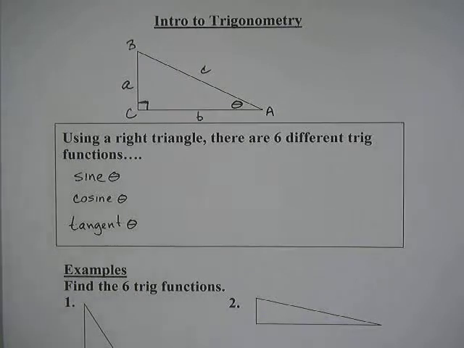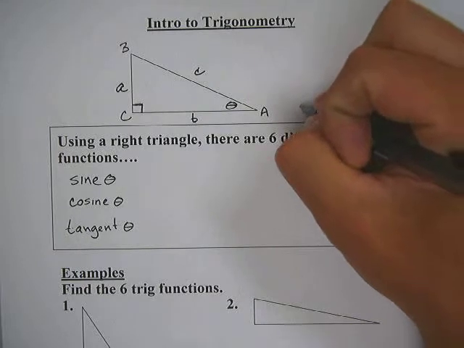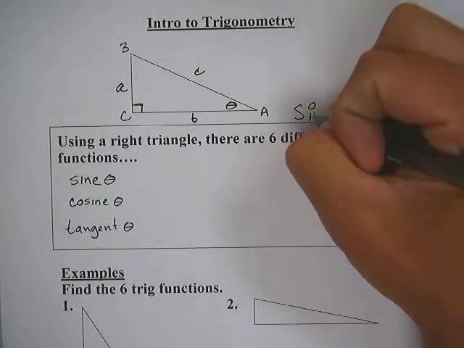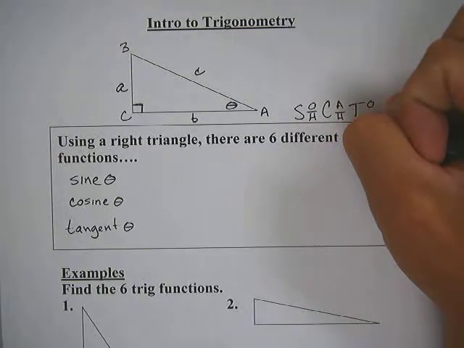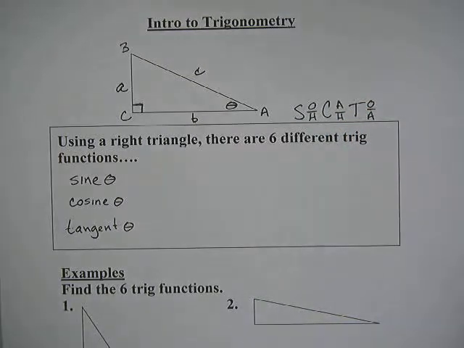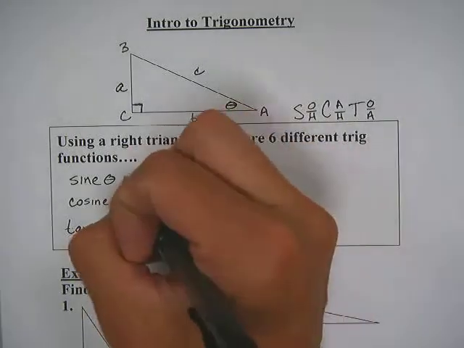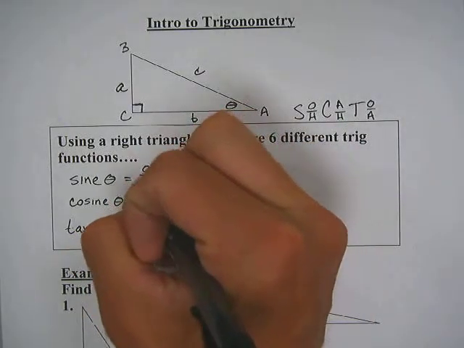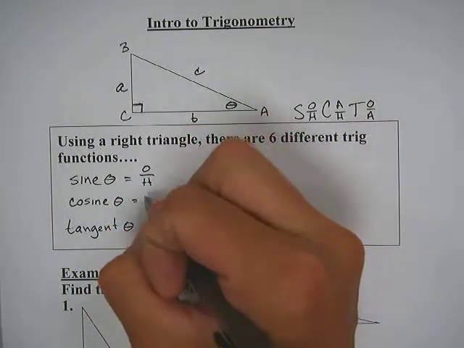Now, you might know a little phrase that you probably learned in your algebra or geometry class, SOHCAHTOA. I like to write it in a special way. It stands for sine equals opposite over hypotenuse.